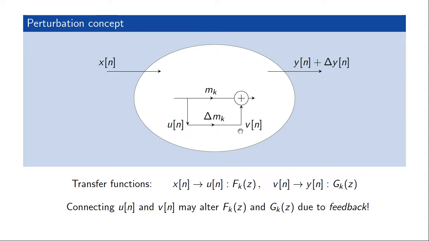So connecting these two, because of this feedback, may actually alter the transfer function from x[n] to u[n], and equivalently from v[n] to y[n]. However, one could argue that these effects are small, so if we just look at small-scale perturbations, then the added effect of the change in the transfer function will be negligible compared to the effect that connecting them in the beginning will have.